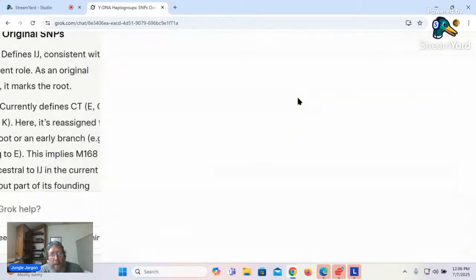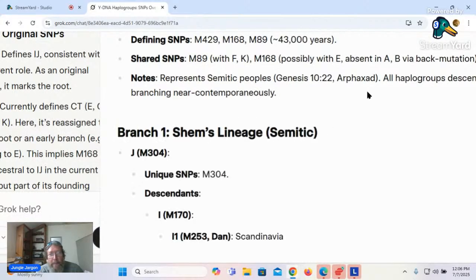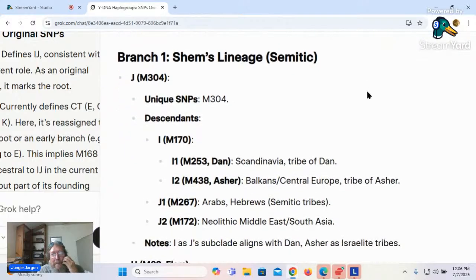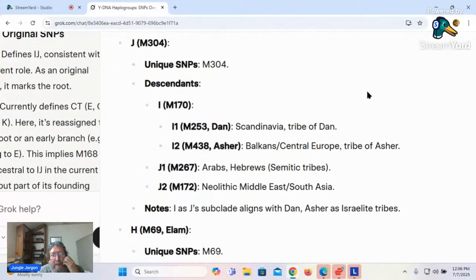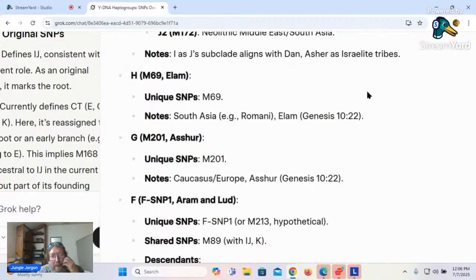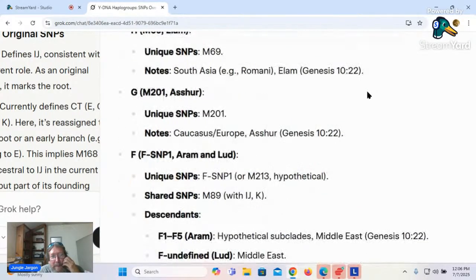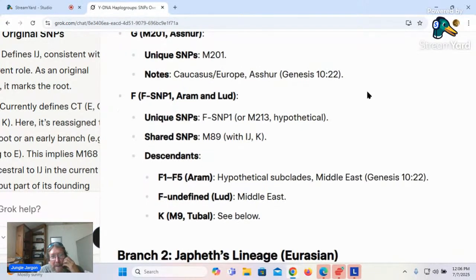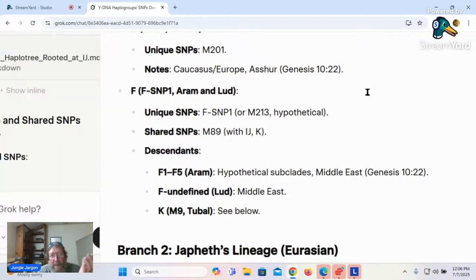Okay. Tree structure. Here we go. Shem's lineage, Semitic. We got that right. H, Elam, unique S&P. F, shared S&P. Where's the unique S&P?